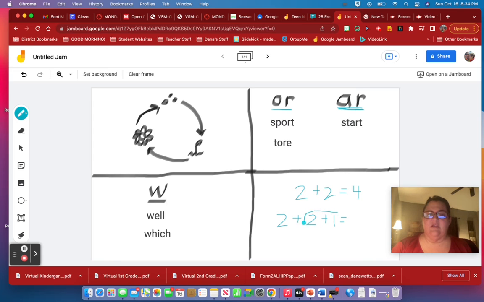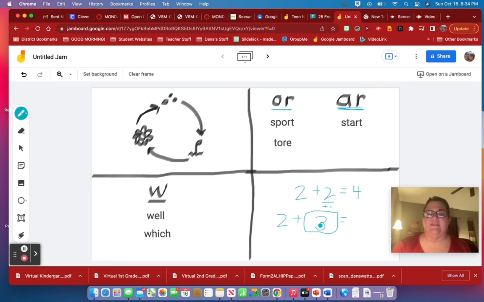So if we say, okay, instead of 2 and 2, we'll add 1 to this one right here. So I'm going to erase that. And what is 2 plus 1 more? 3, right? So 2 plus 3. So we just took one of the addends, we added 1 more, and that's 3.